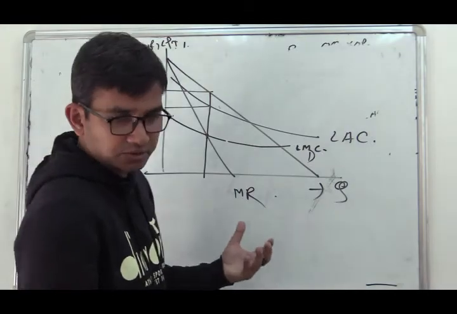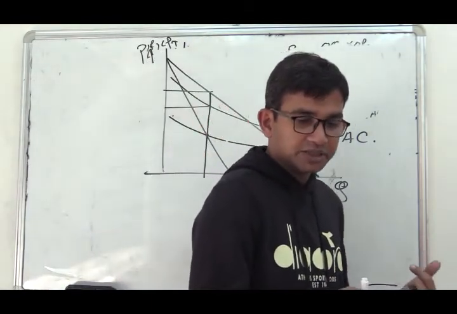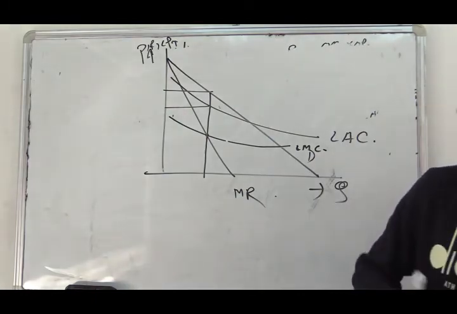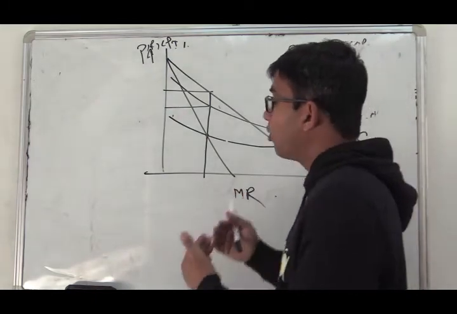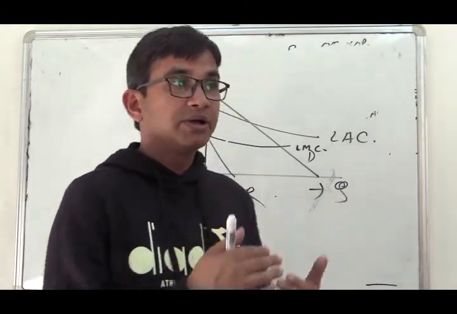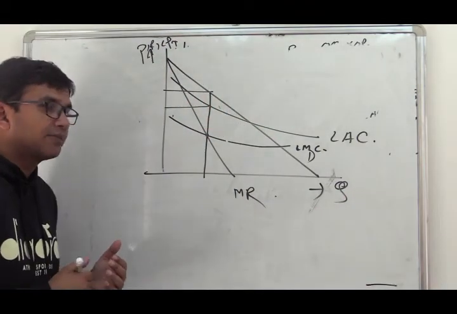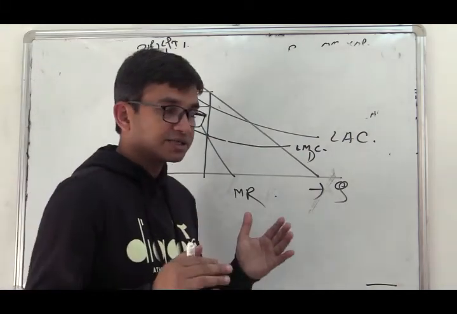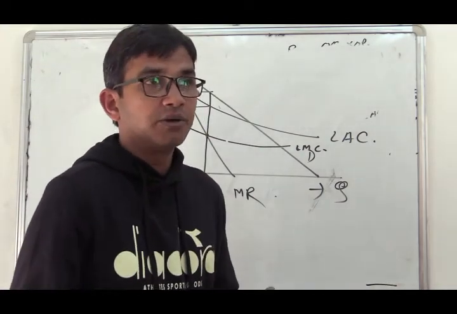So if it is a case of natural monopoly, the natural monopolist is more cost effective compared to a competitive firm, because the cost of the fixed factors covers a huge proportion of the total cost.